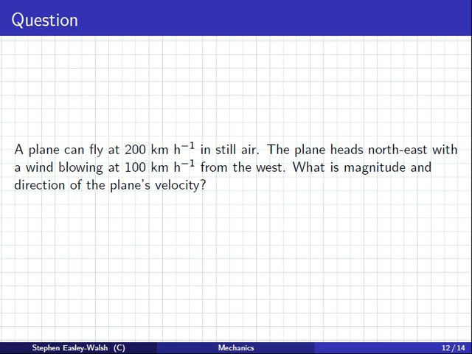So the angle is 45 degrees initially, but it changes because of the wind. Got it?